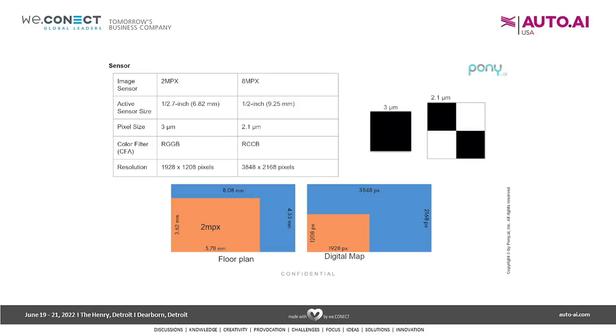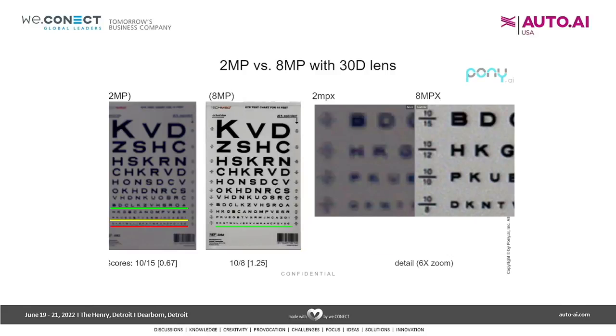The 8 megapixel has 4 times more pixels, so 4 times more information, and at least 4 times more compute will be required. And the pixel is also smaller, so it captures less light, so sensitivity is less. And we need to think about how we put the same lens on the 2 sensors and observe the difference.